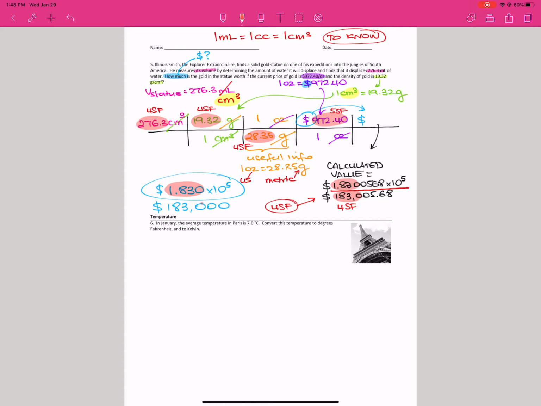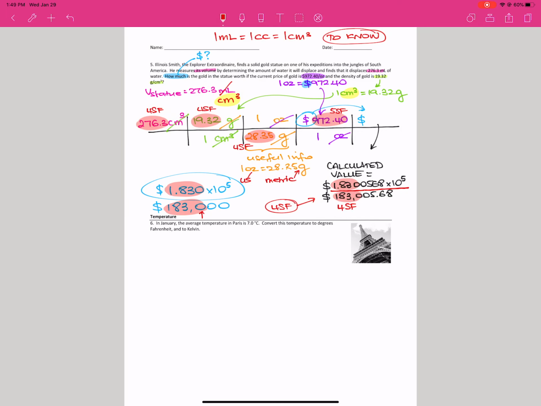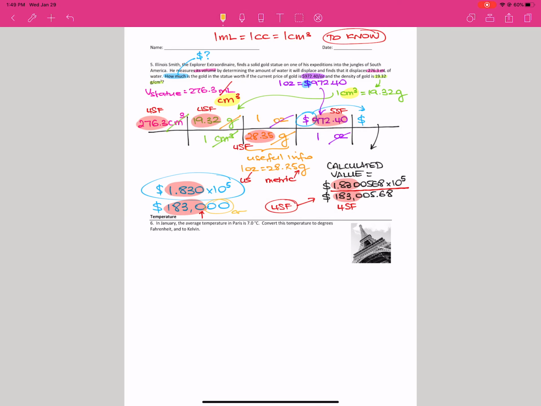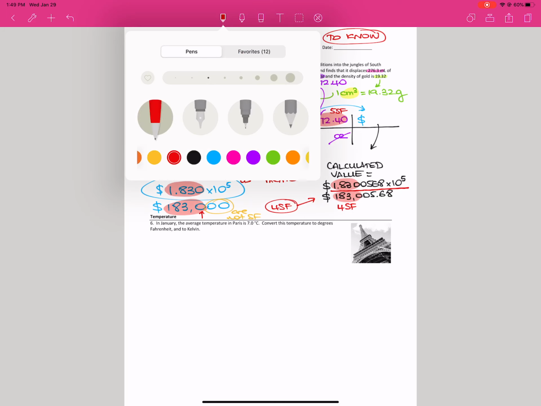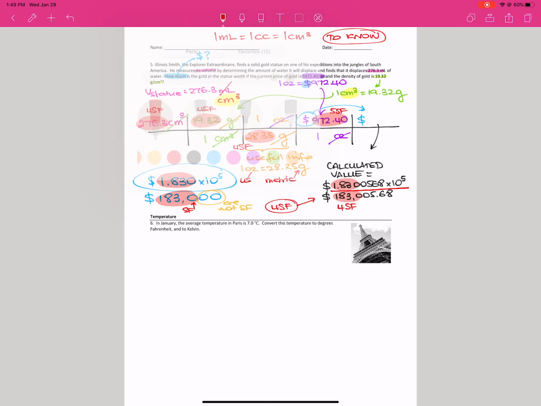It's very hard for me to write standard notation and to say that this 0 here, that I point to, is significant, but these 2 are not. So how do I do that? My option this time is to use scientific notation because it's clear that this answer has 4 sig figs.